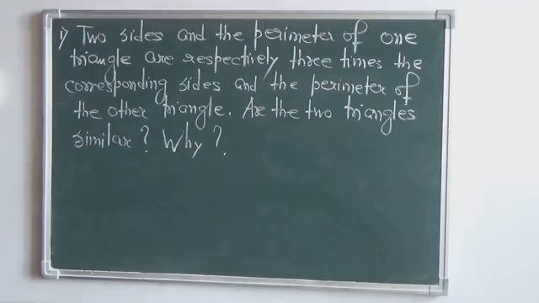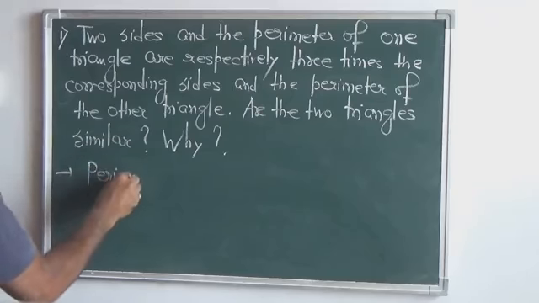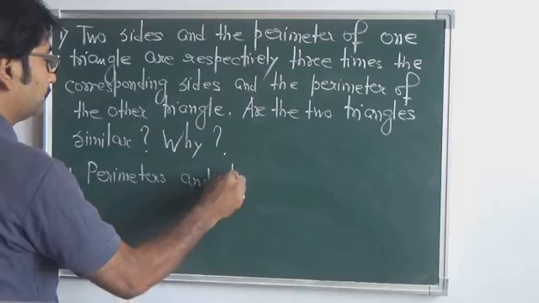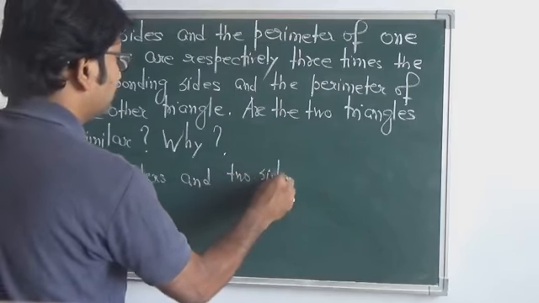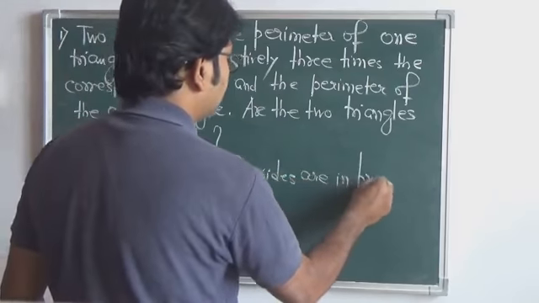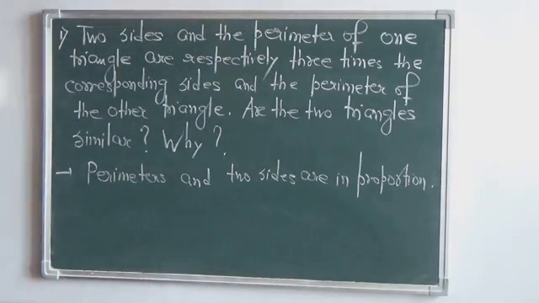Perimeters and the two sides are proportional as given, so obviously the third side will also be in proportion.